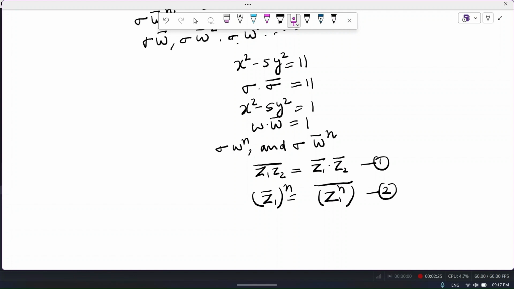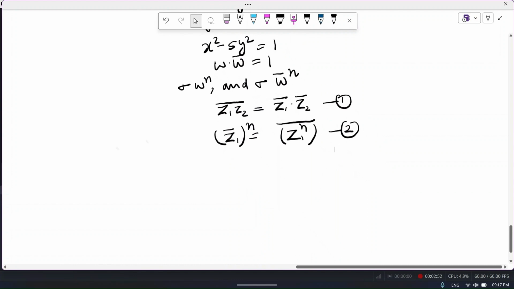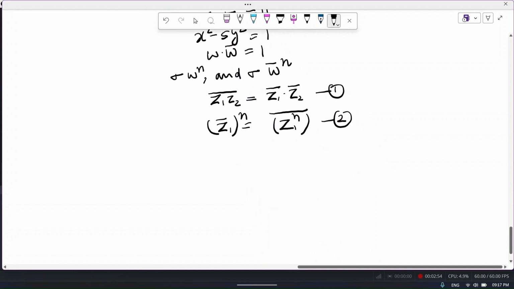Now one more thing I want to highlight. When I have a solution sigma for this Pell's equation, then sigma into sigma conjugate is equal to 11. When I have a solution omega for this Pell's equation, then omega into omega conjugate is equal to 1. So that means if I am claiming that this is my solution, then this multiplied by its conjugate should be equal to 11 in order to satisfy that it's a solution of this Pell's equation. So let's see if we can prove it.